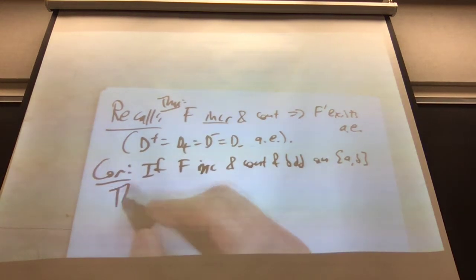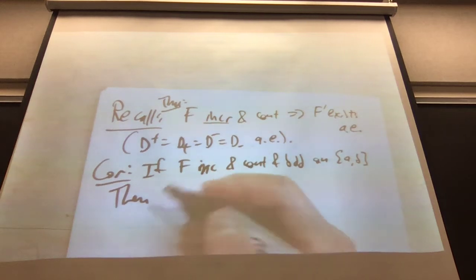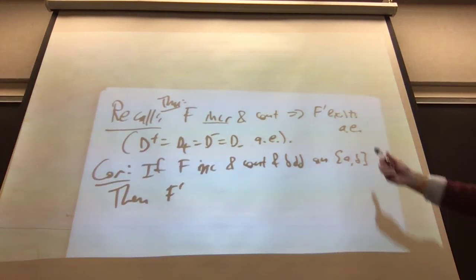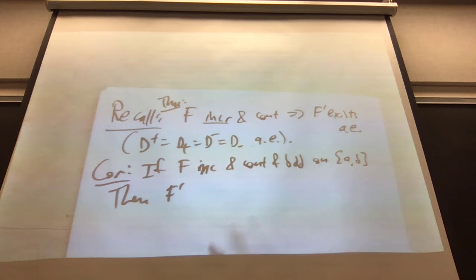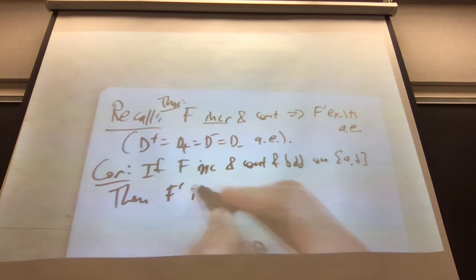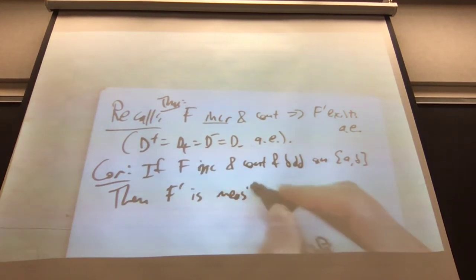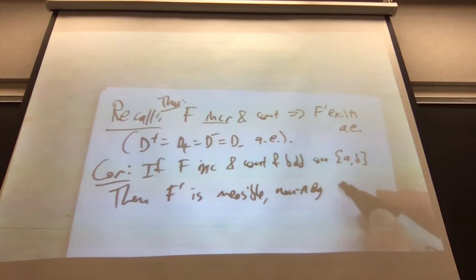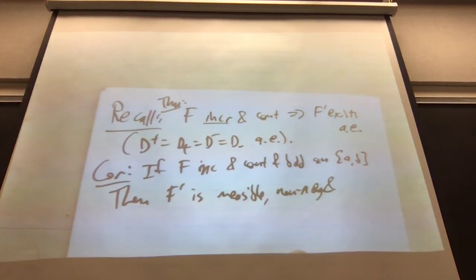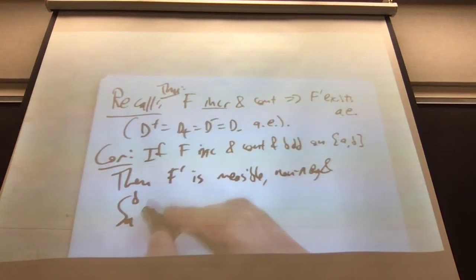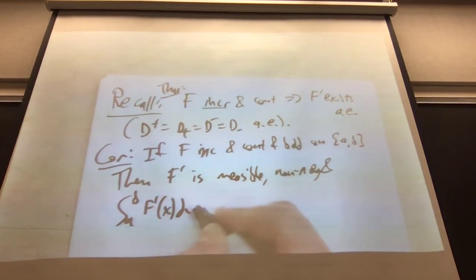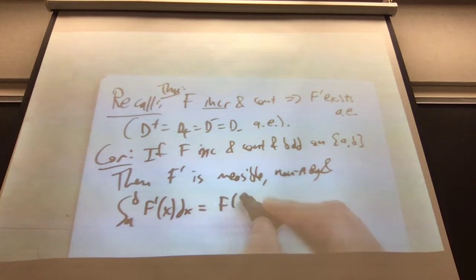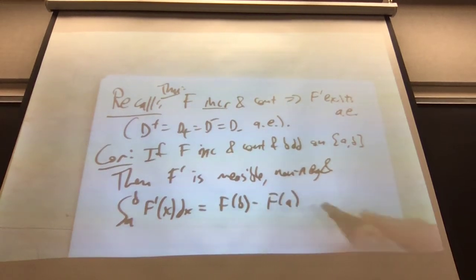Then f prime not only exists almost everywhere, but is measurable, non-negative, and the integral from a to b of f prime of x dx is equal to f of b minus f of a.